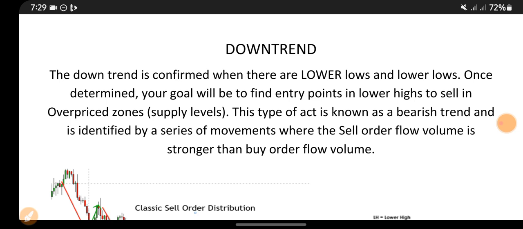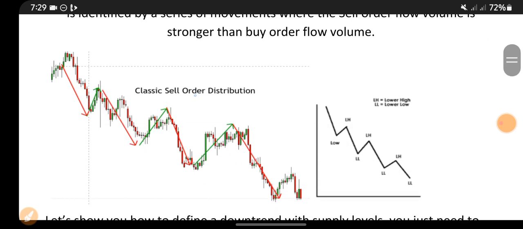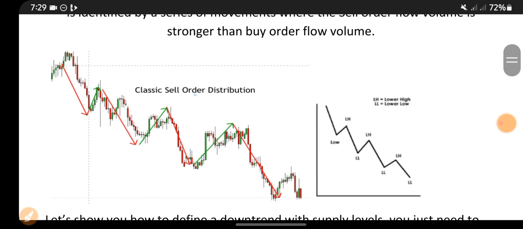The supply zones are for the sellers, demand zones for the buyers. And so when you find entries in the supply zones so that you sell, you make your profit if it goes in your favor. Now, how do we identify that a trend is a downtrend?